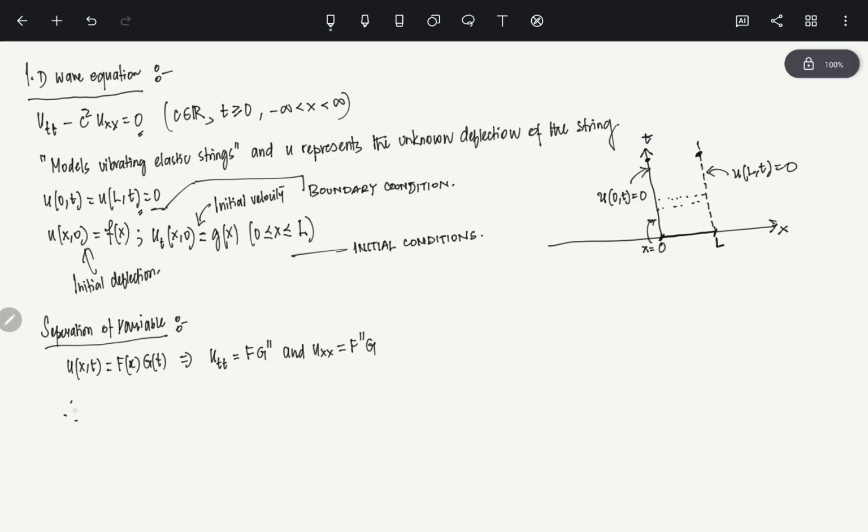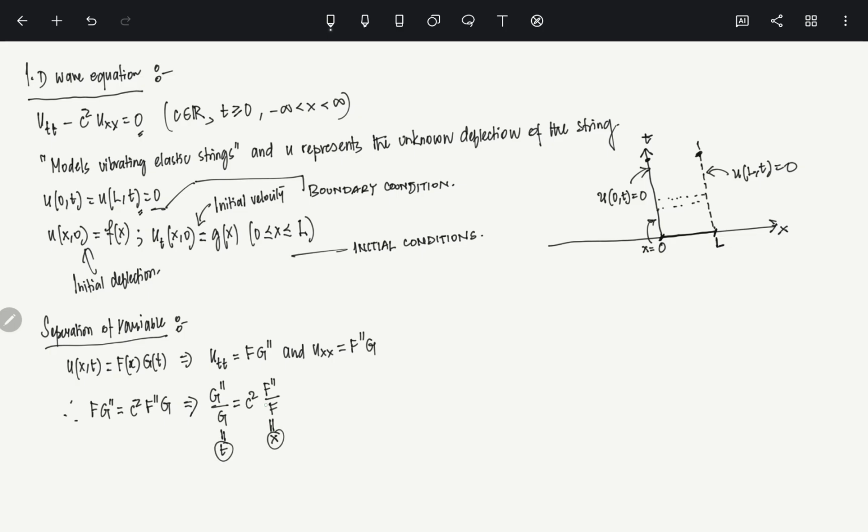So if you put it in that equation, we have F G double prime equals c squared F double prime G. Now if you write it properly, exactly like what we did in the harmonic function, we get G double prime by G equals c squared F double prime by F. Again, this is a function of t, and this is just a function of x.